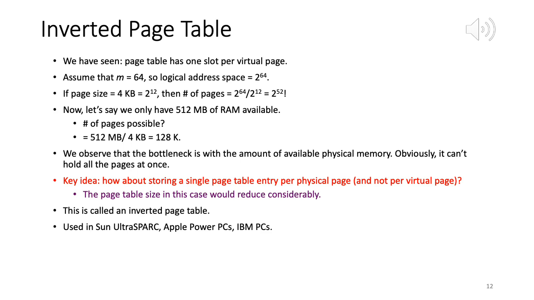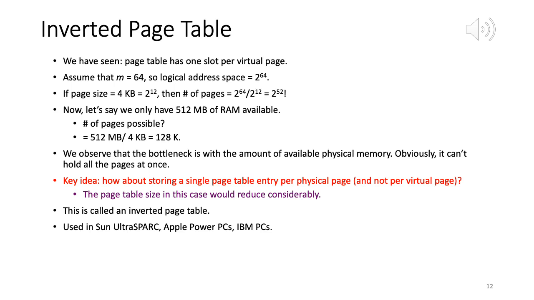But what we observe is our bottleneck here is actually the amount of physical memory we have. So let's say a modest machine with 512 MB of RAM. Number of pages possible with 512 MB of RAM, because ultimately you have to map virtual to physical, right?